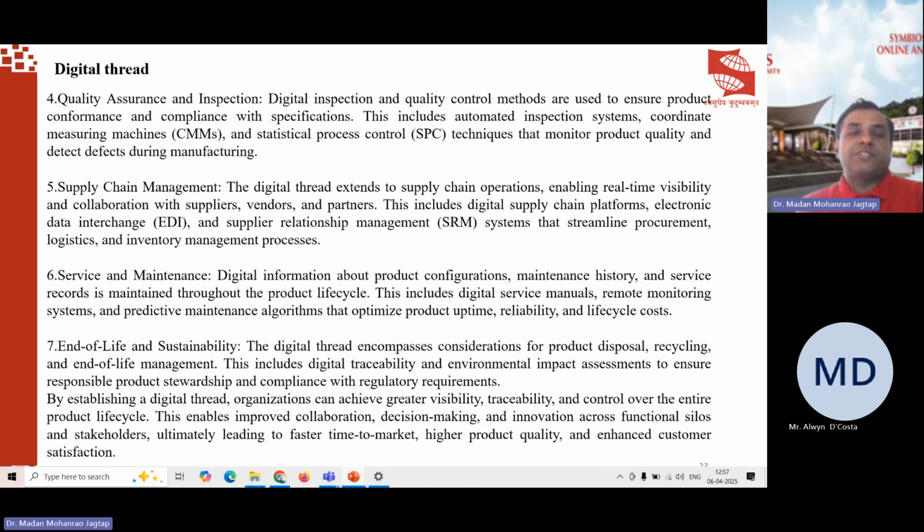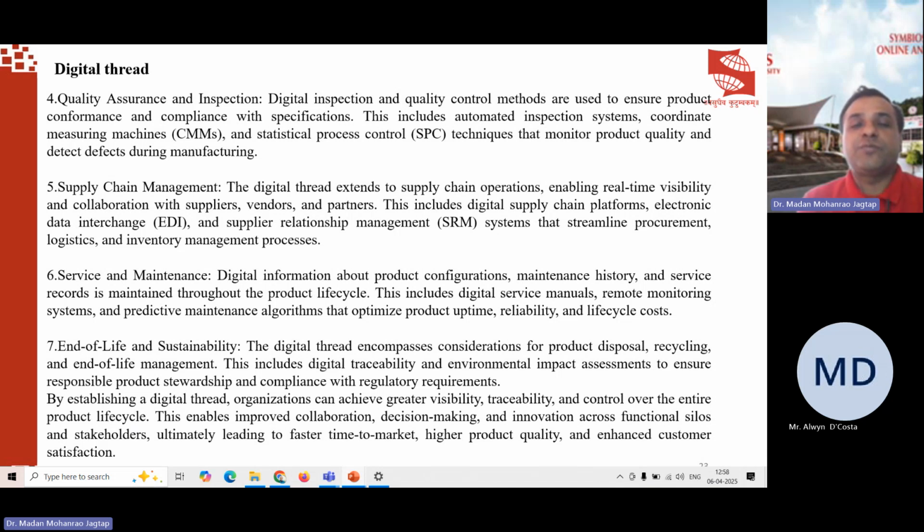Then supply chain management. The digital thread extends to supply chain operations. The same digital thread comes in a supply chain operation, enabling real-time visibility and collaboration with suppliers, vendors, and partners. This includes digital supply chain performance, electronic data exchange, and supplier relationship management systems that streamline procurement, logistics, and inventory management processes. Then the same digital thread comes in service and maintenance.